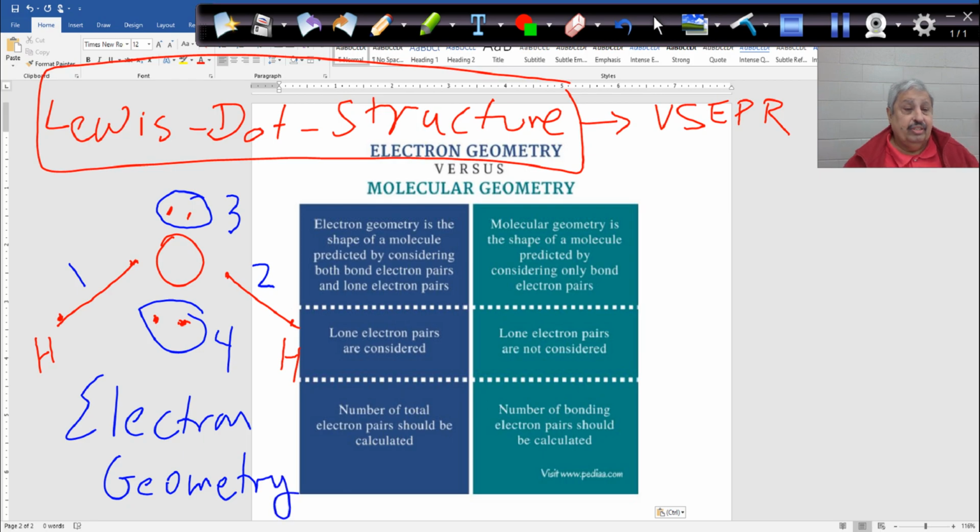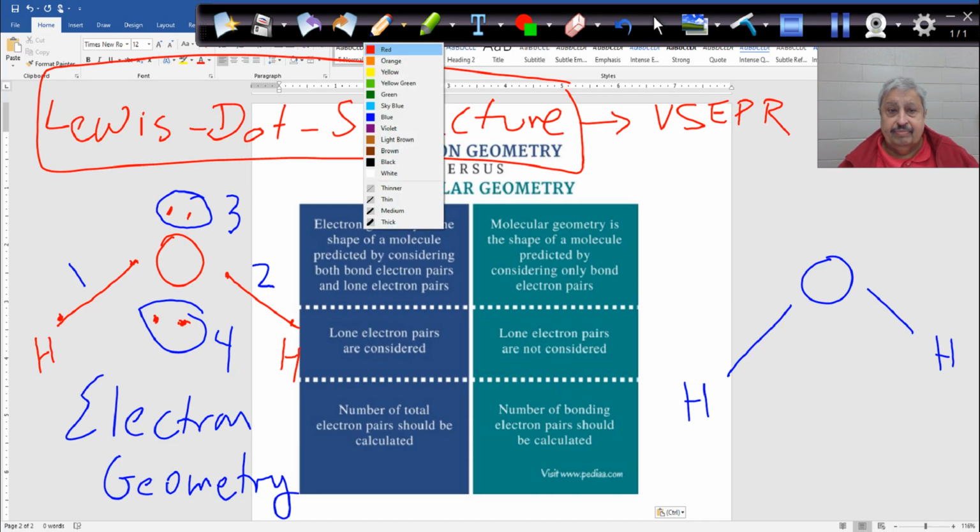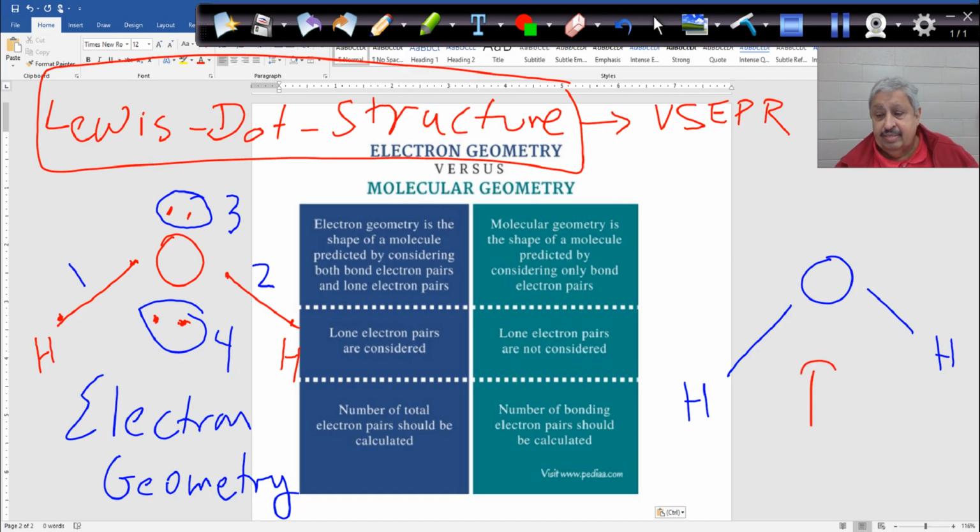The molecular geometry, we are not interested in considering the lone pairs. We look at the molecule like this, and it looks bent, correct? And this is the molecular geometry.